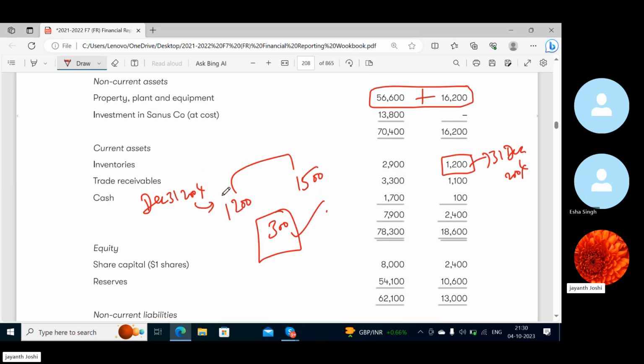So this is what I'm showing at the end of the year, and on the date of acquisition, April 1st 2004, the inventory, whatever was in the books as on that day, the market value was 300 more than that.